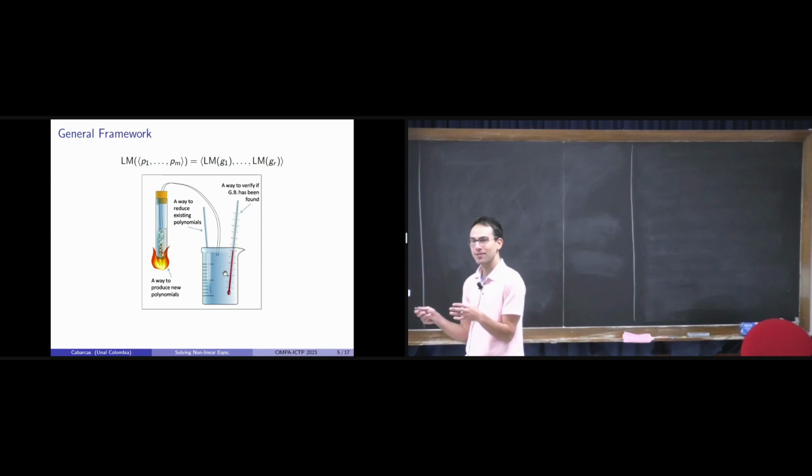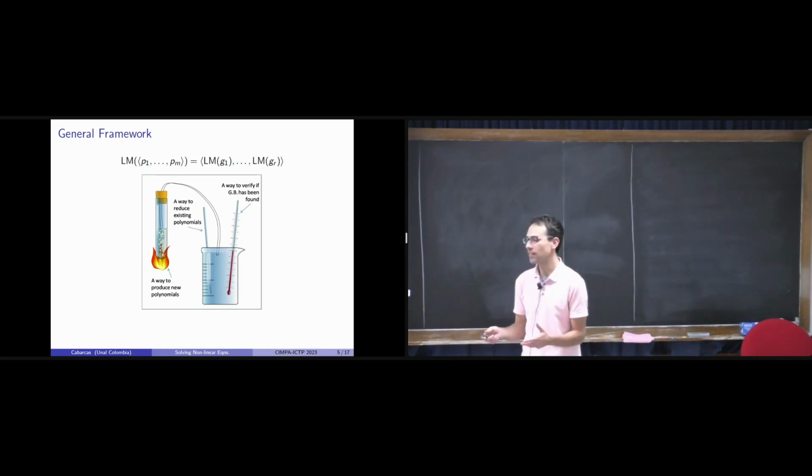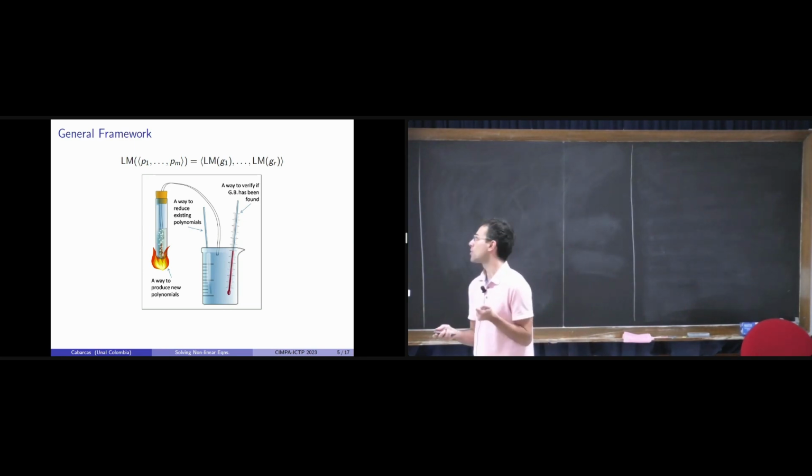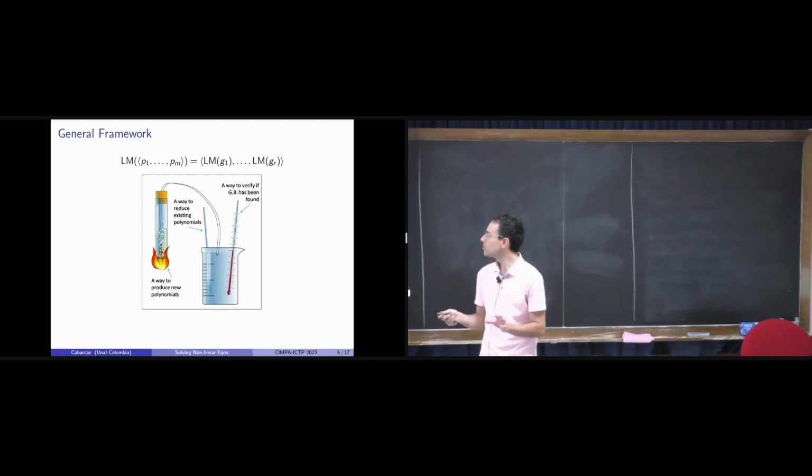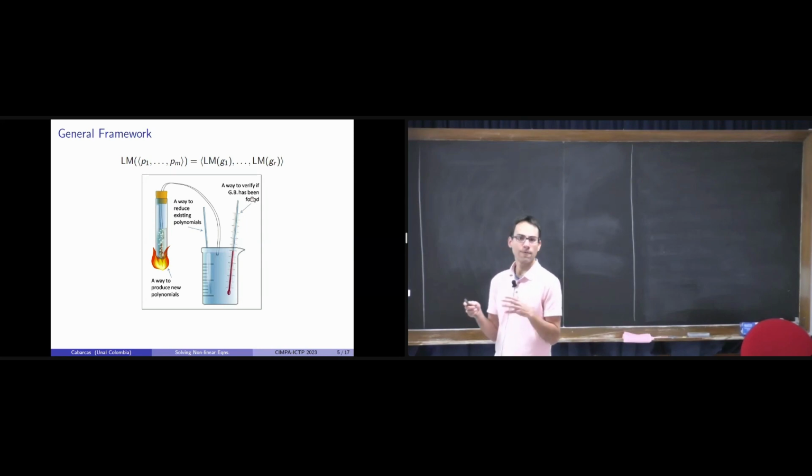We have a basis for the ideal. And then we have some way to produce new elements in the ideal that add new leading terms to the ideal generated by the leading terms. We add those new elements to our mix. We have a way of mixing things around so that things are somehow reduced. And then we have a way to verify that we finally got a Groebner basis.